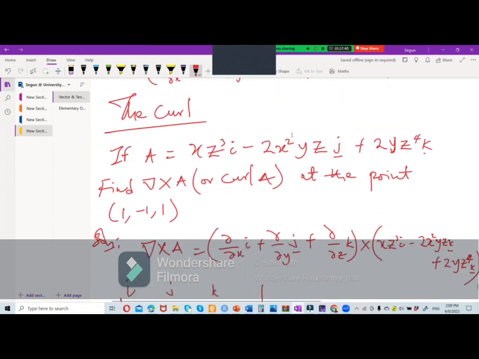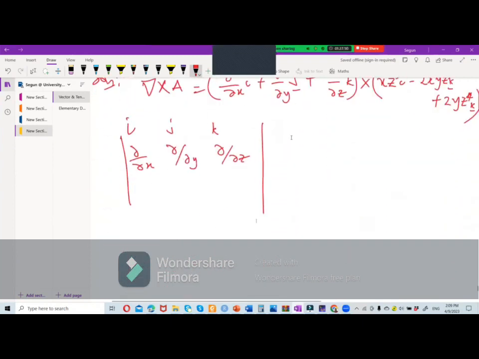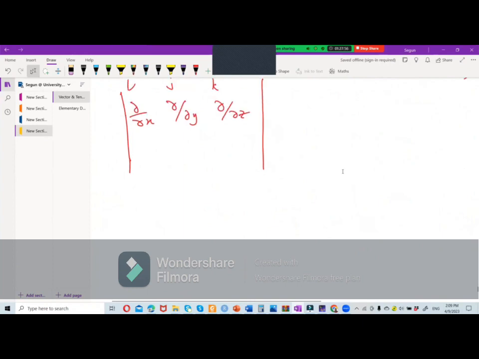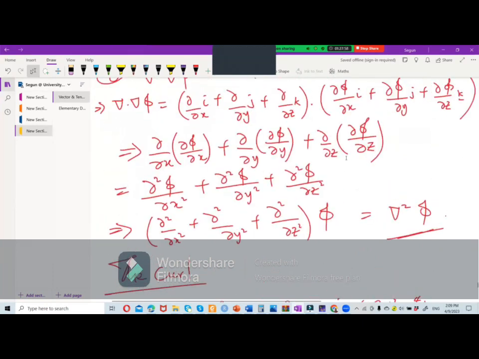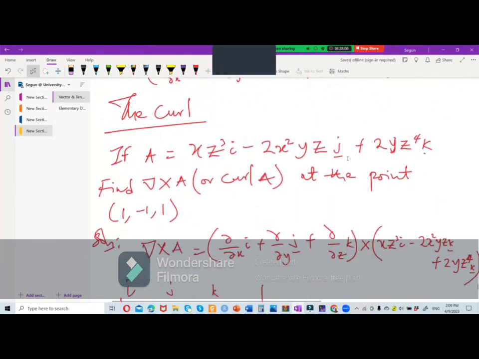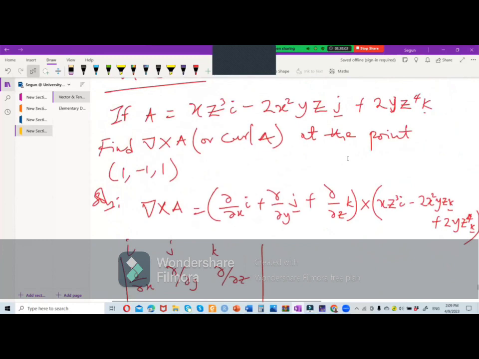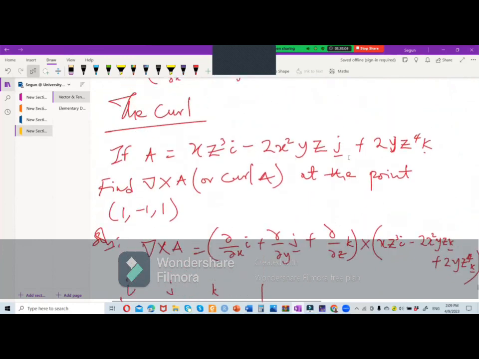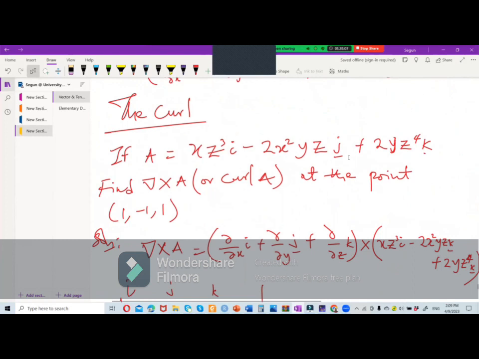Please, sir, can you scroll down your screen so that I can write the curl? I was disconnected before. Are you there? Yes, okay, all right, sir.